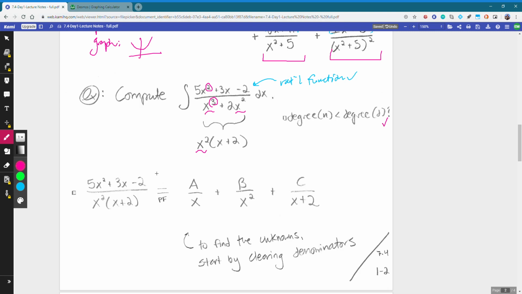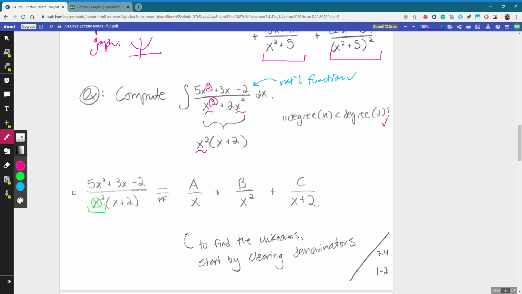And so now, if we take our rational function with its denominator all factored, partial fractions tells us what to associate to each one of these factors or pile of factors. To this x squared, we have a linear polynomial x squared, so we have a pile of x's.